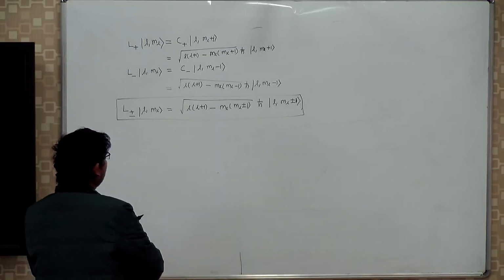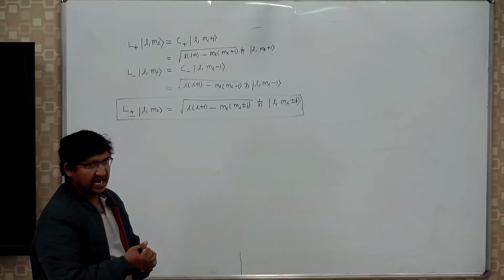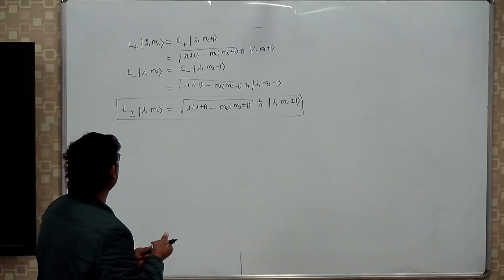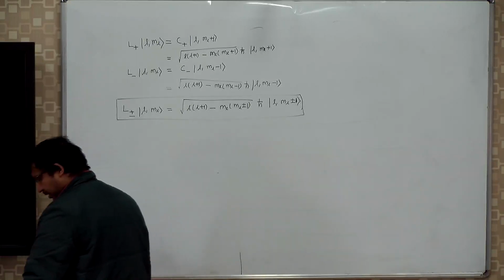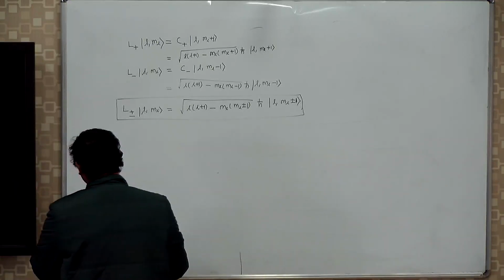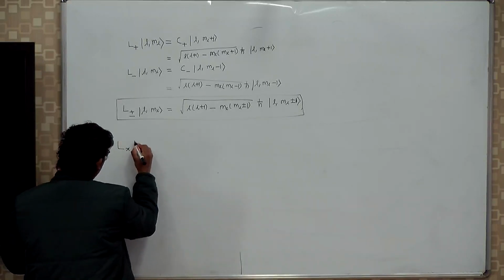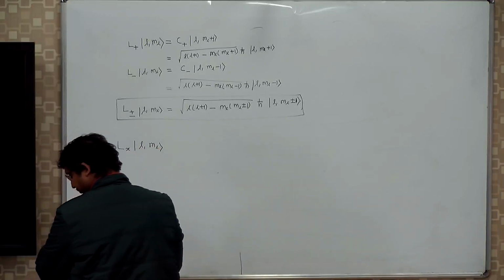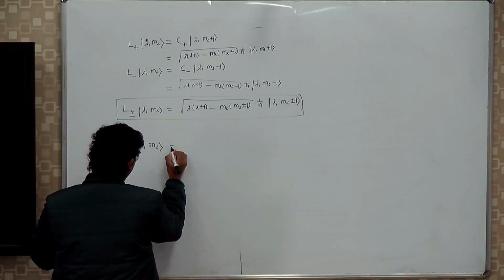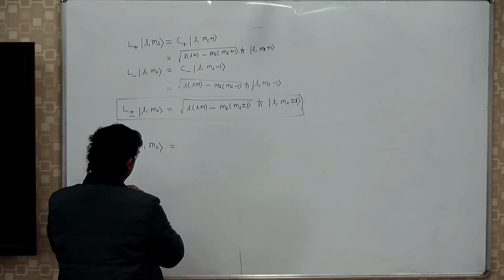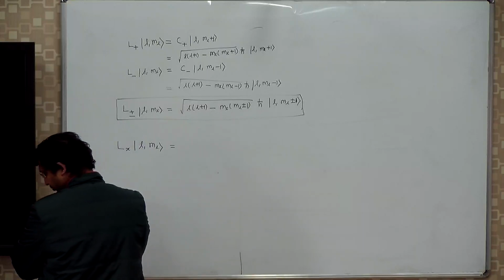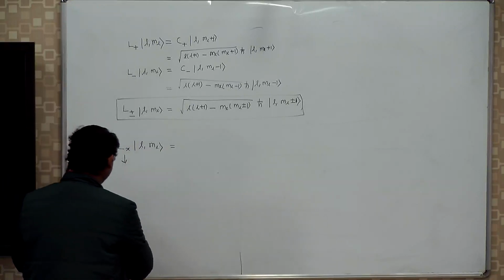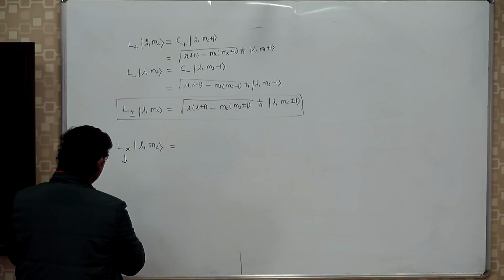Now let us write the angular momentum operators Lx and Ly in terms of the quantum number state vector L, mL. Suppose Lx acts on |L, mL>. The value of Lx can be defined from the sum of the raising and lowering operators.